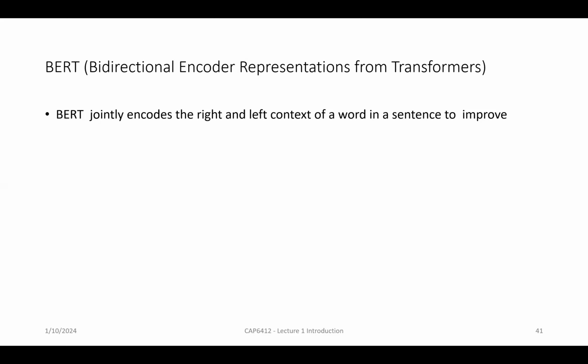The reason it's called BERT is Bidirectional Encoder Representations from Transformers. It's going to look at both left and right. Traditionally, with a sequence, we look at the first word, then all the previous words, but we don't look at the next one. Here it's bidirectional.